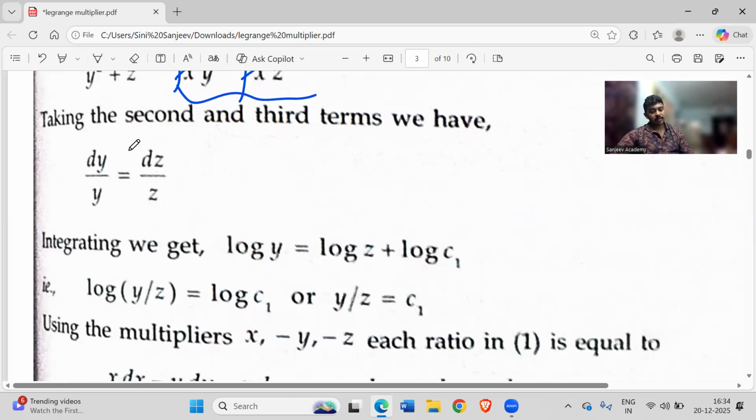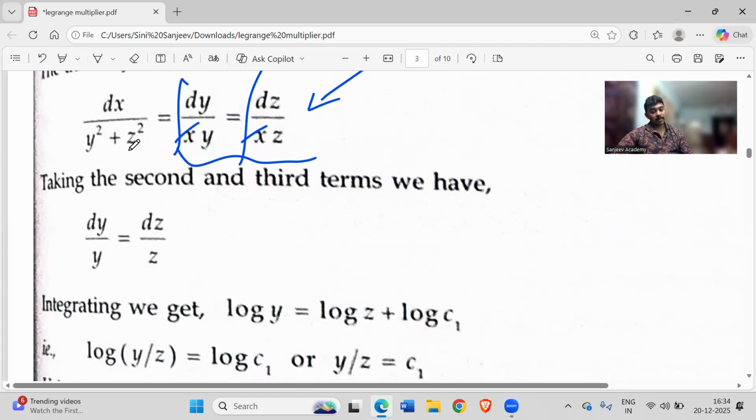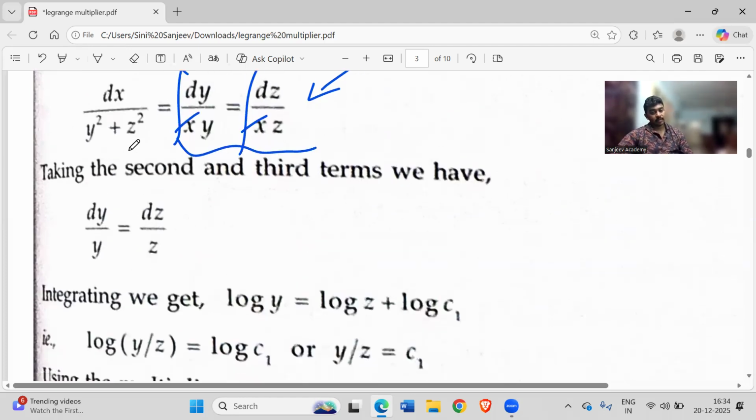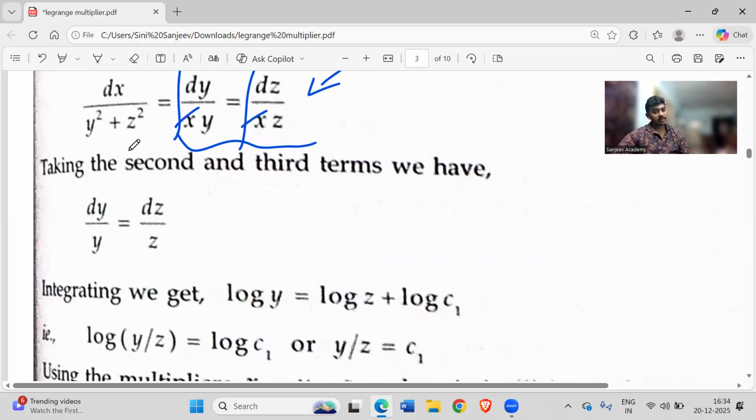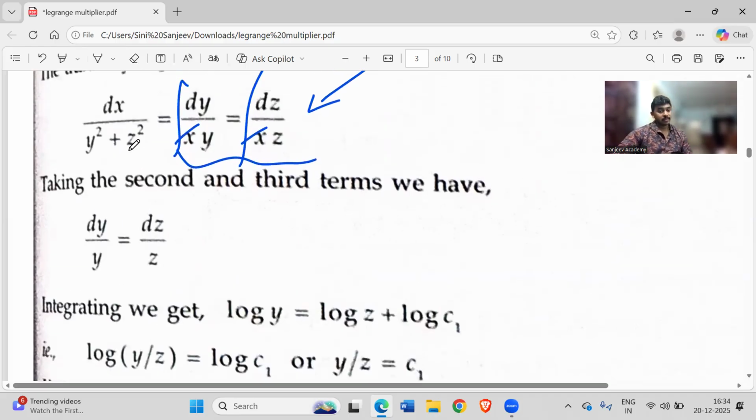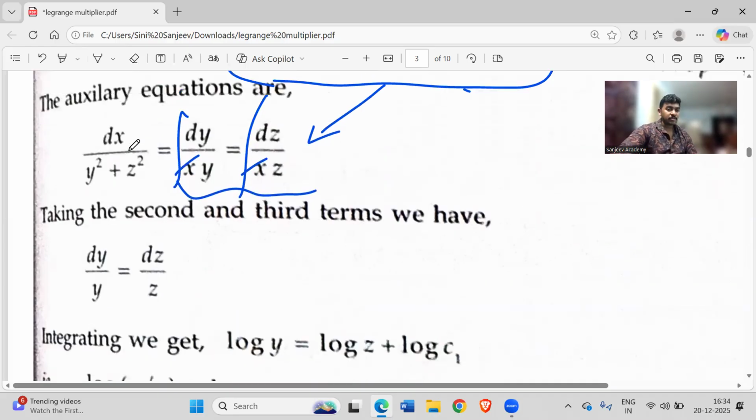Now the important thing is I have to take what? The multiplier. Correct? So first one always will take x. First one it always take what? X. So x dot dx. But if you can see here y square is there, here y is there. Second and third one, y and z, minus y and minus z.